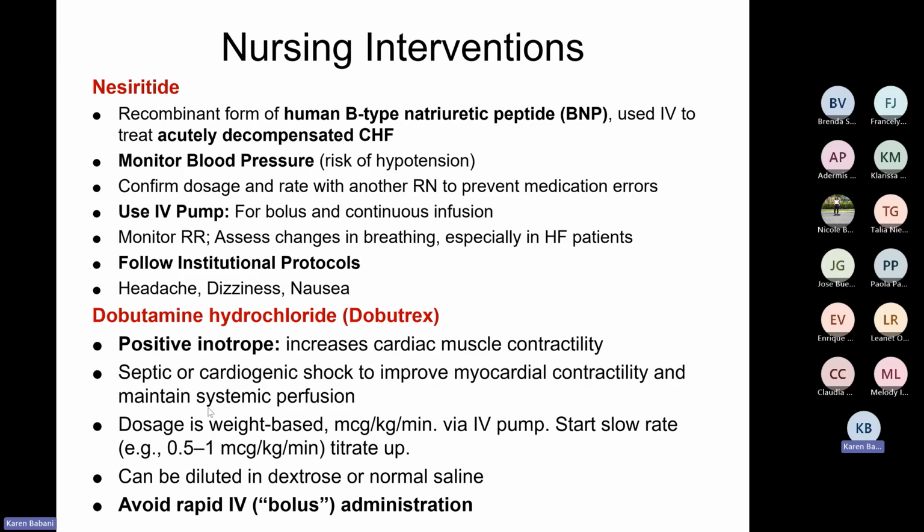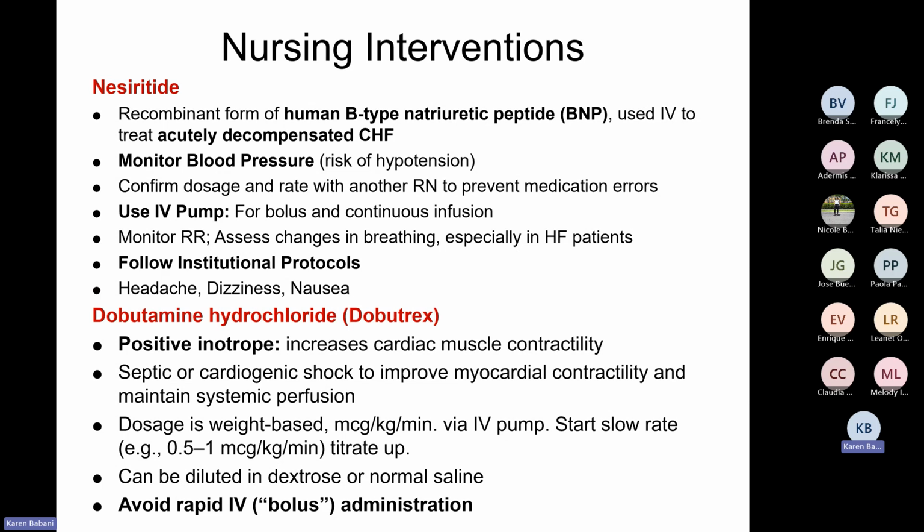This weight-based dosage applies to all three medications, mcg per kilo per minute. So it's very important that you verify your order. You're going to start slow at the minimal rate. These are medications that we titrate, so we titrate by 0.25 or 0.025 mcg. You start at the lowest, which is 0.5, and then you go up by that 0.25 or by whatever the doctor orders or whatever the protocol is in your facility.